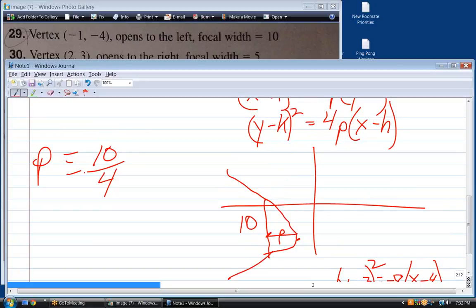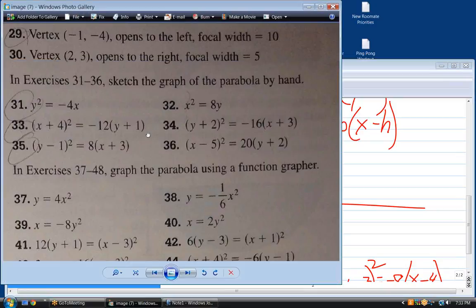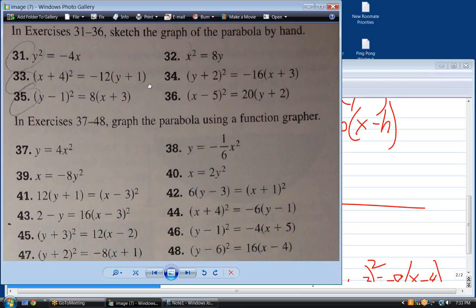Okay. So my equation is what? (y plus 4) squared equals -10 times (x plus 1). There you go. Cool. 31 next.